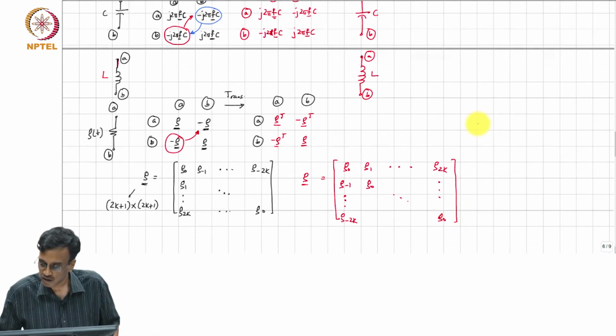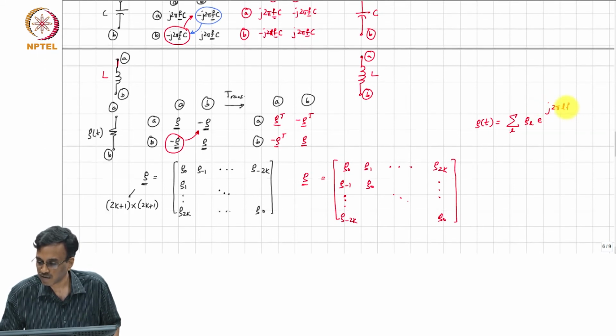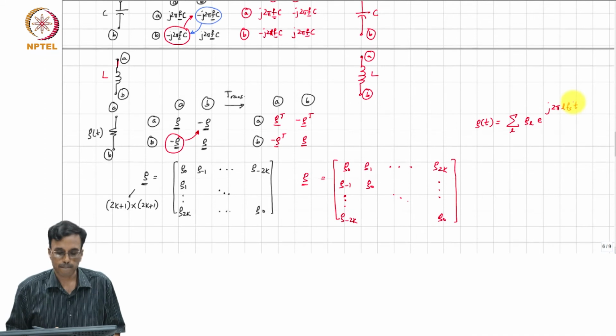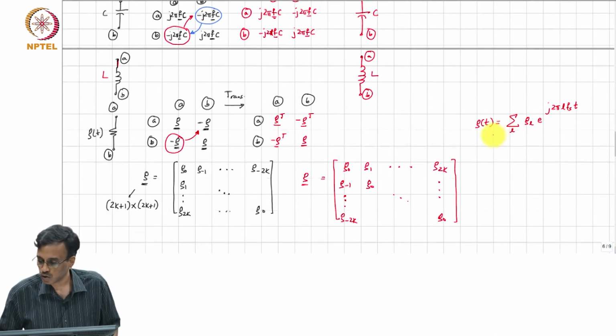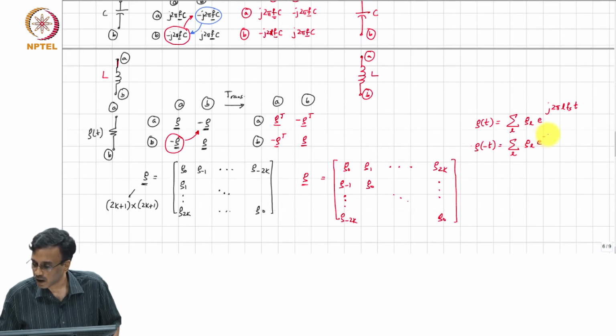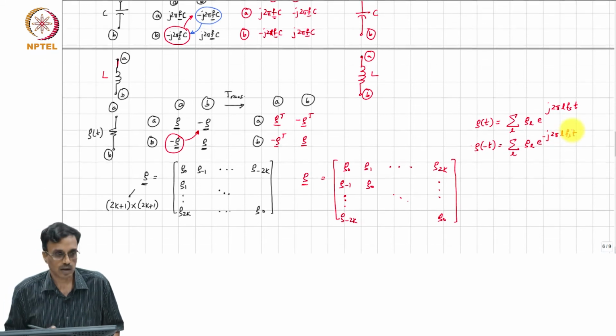And remember, G of t, I think we have already done this in the earlier class long ago, is sigma over L of G sub L e to the j 2 pi L f s times t, right. So, G of minus t therefore must be sum over L of G sub L e to the minus j 2 pi L f s times t.